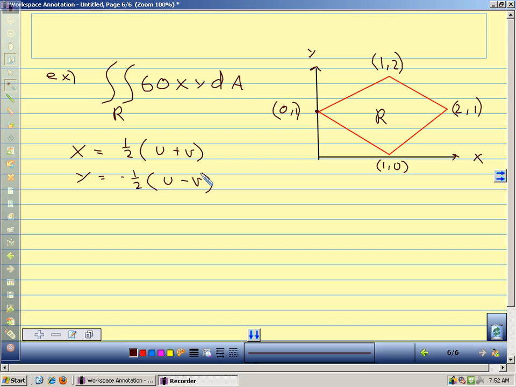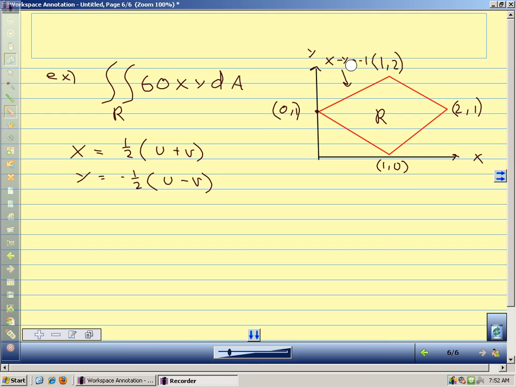No? All right, let's look at the equations of the lines that make up the sides of this region. The equation of the line that goes through this segment is x minus y equals minus 1.